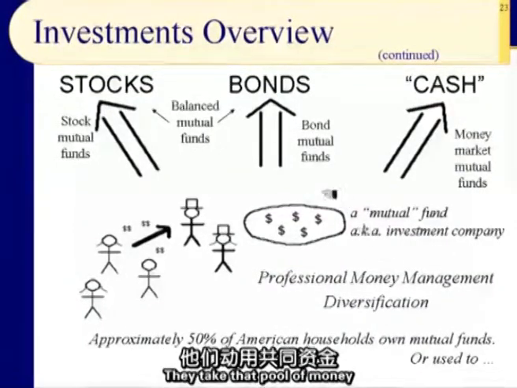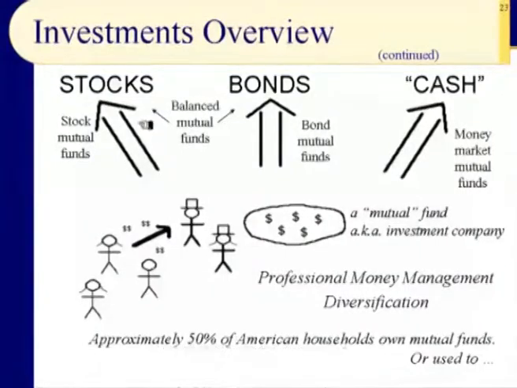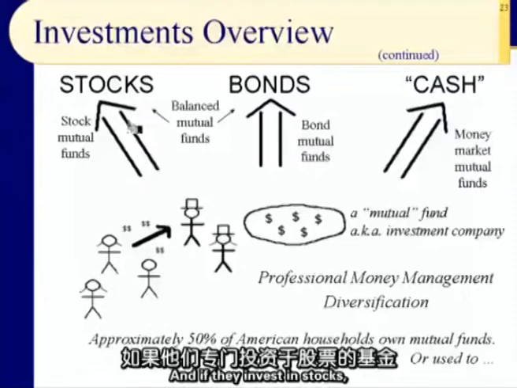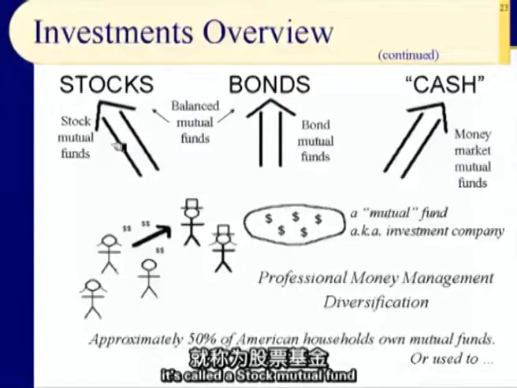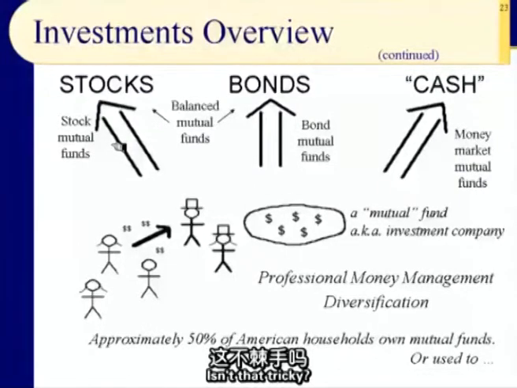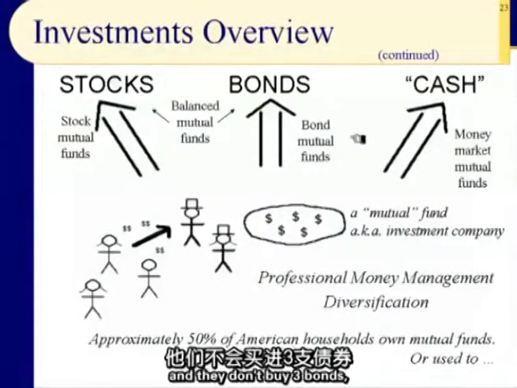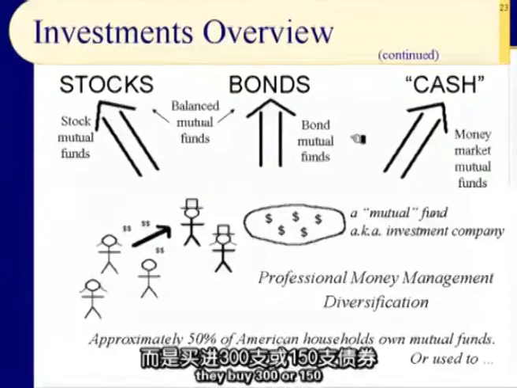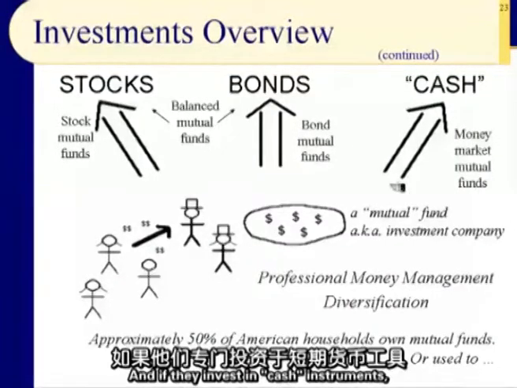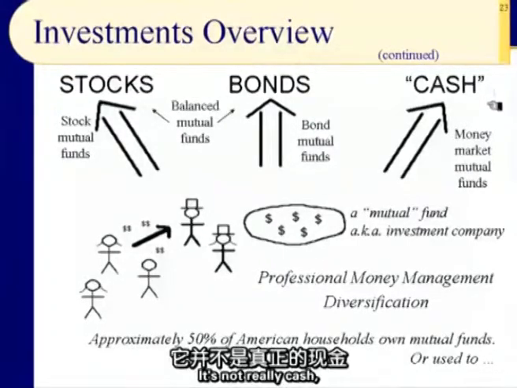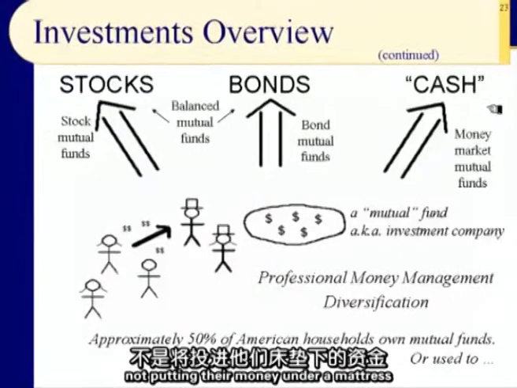They take that pool of money and they invest in stocks. Now, they don't buy 5 stocks or 10 stocks. They buy 200. And if they invest in stocks, it's called a stock mutual fund. Isn't that tricky? If they invest in bonds, it's called a bond mutual fund, and they don't buy 3 bonds. They buy 300 or 150. And if they invest in cash instruments, you see the quotes, it's not really cash. We're not putting their money under a mattress.